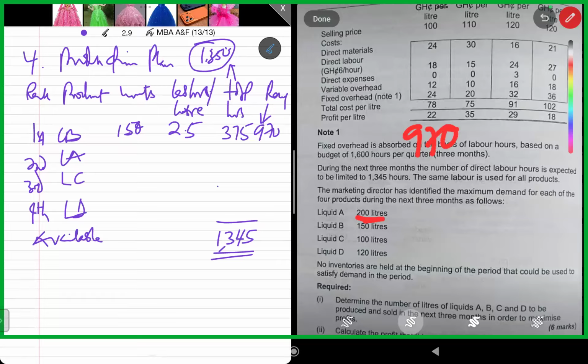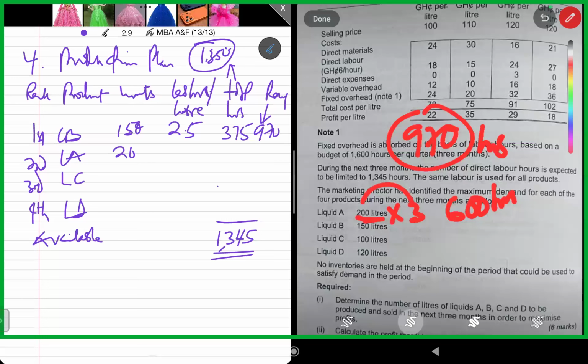How many hours are needed to produce a liter of liquid A? 3. So 3 times 200 is what? 600. So meaning we can still produce all of liquid A because we have 970 hours left. But out of the 970 hours, 600 hours will be needed to produce all of liquid A.